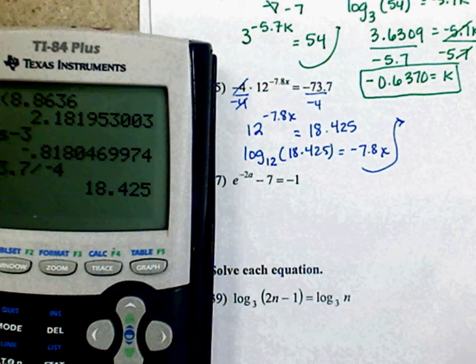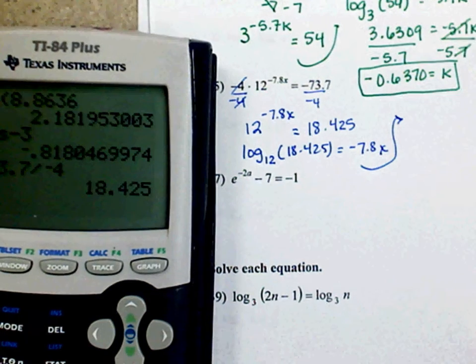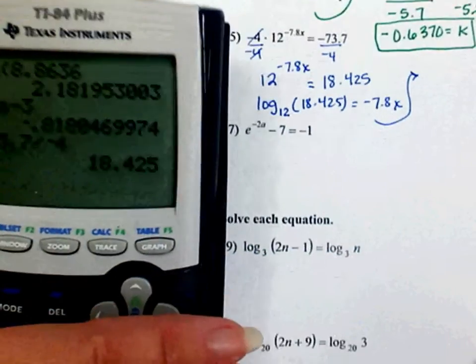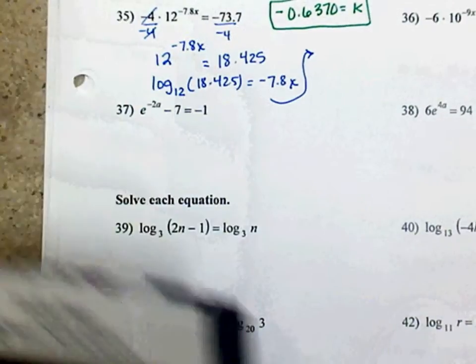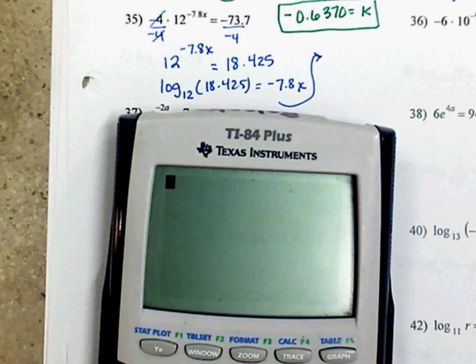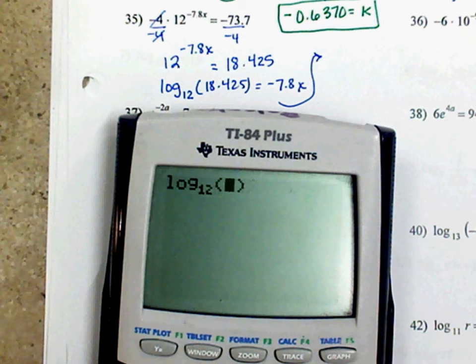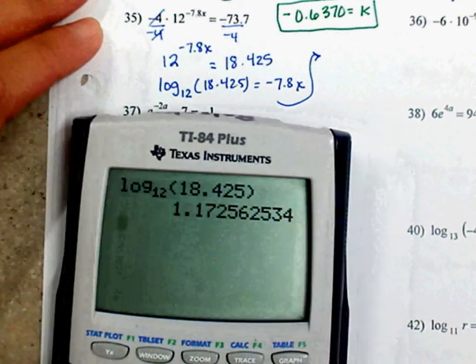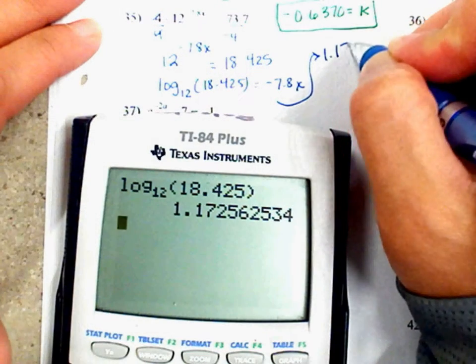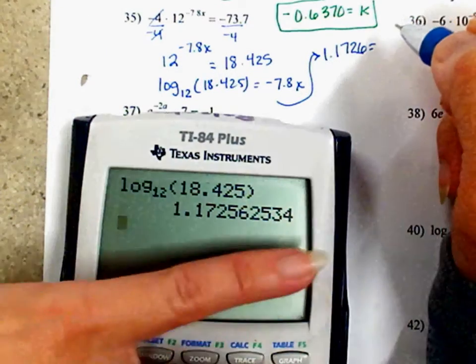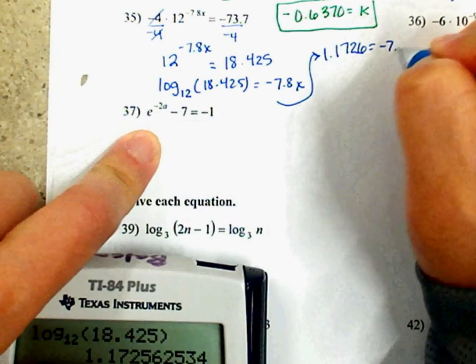Okay. So let's go ahead and change that, and I'm going to continue over here. All right. You guys ready? Let me move this up, kind of out of the way a little bit, and move it over, and let me change this. So alpha window, number 5, 12, right click, 18.425, okay, comes out to be 1.1726 equals negative 7.8x.